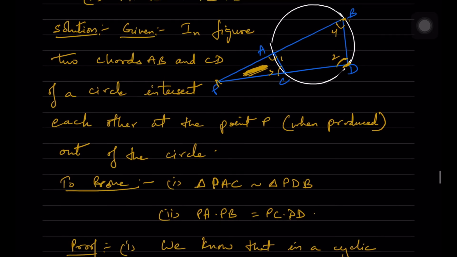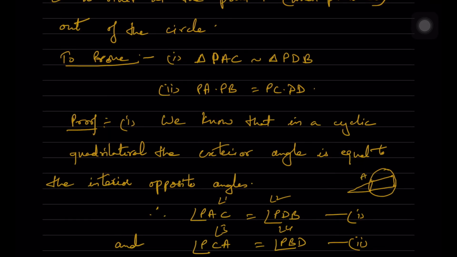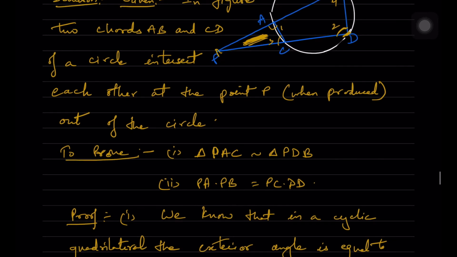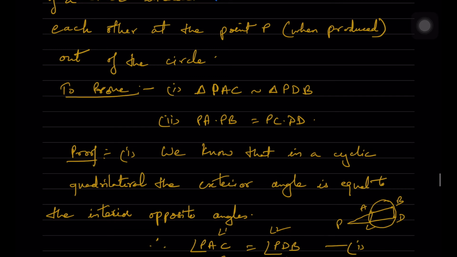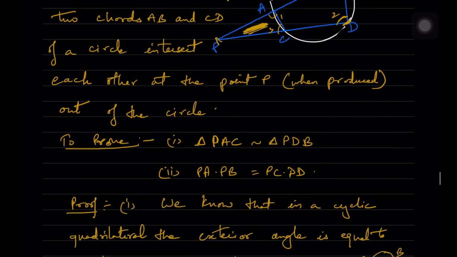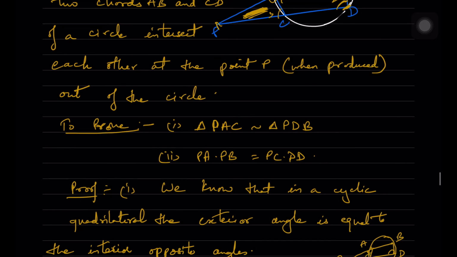So you are having A, B, C, D. This is point P. So now here you are having angle 1, angle 2, angle 3, and angle 4. So this is 1, this is 2, this is 4, and this is 3.